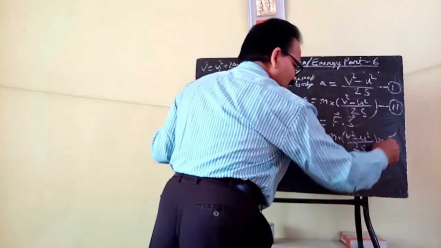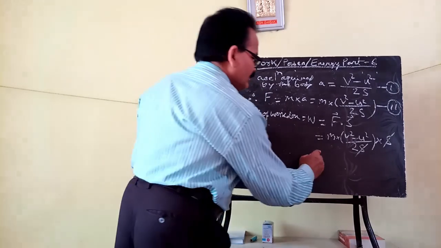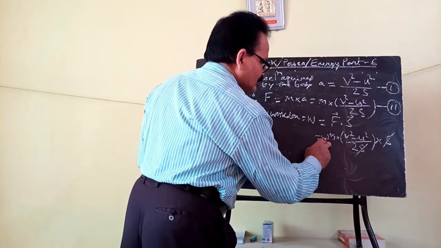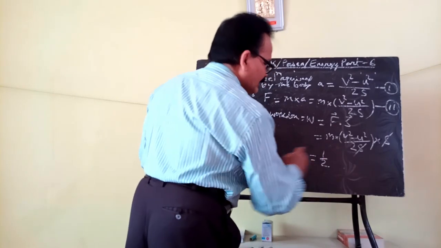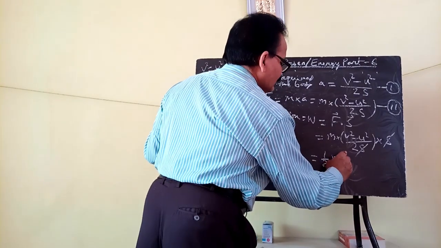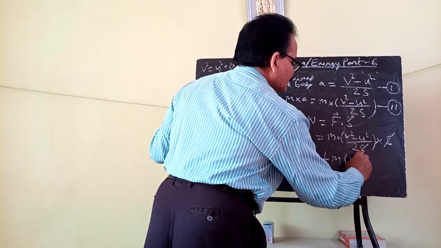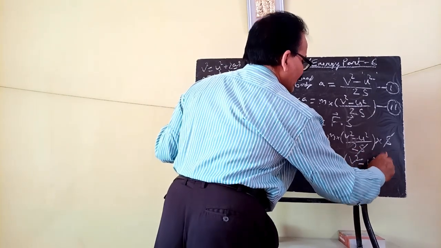Clear? Now s cancels. Then in the denominator it is 2 and here it is m. So this denominator 2 can be written as 1 by 2 times m, and in the bracket v square minus u square.